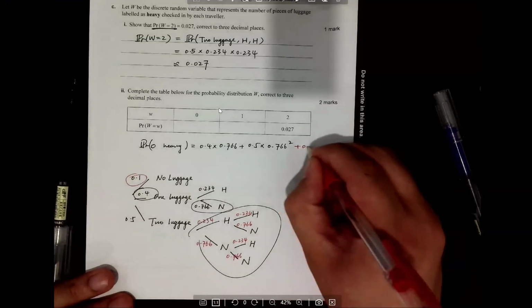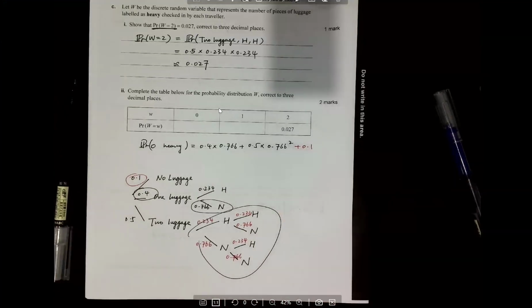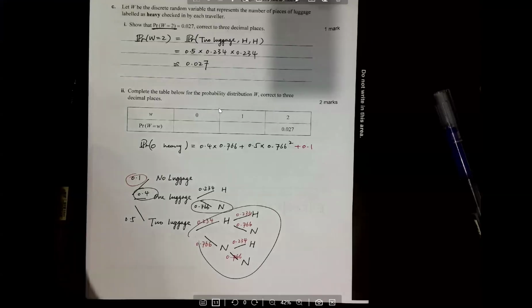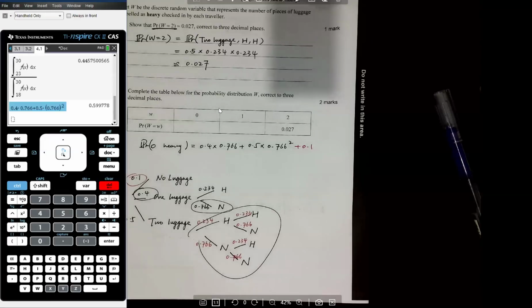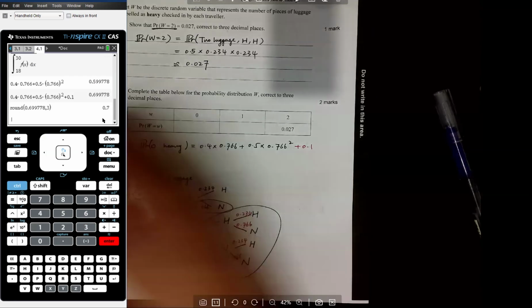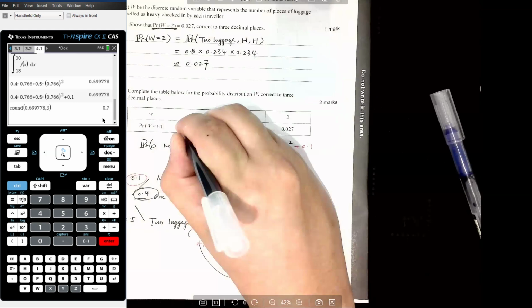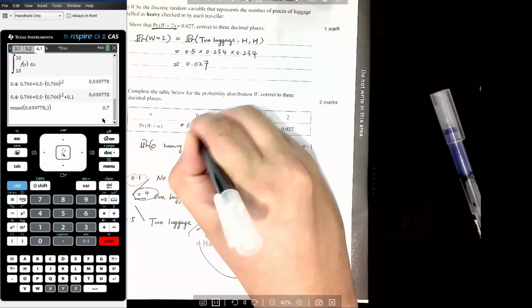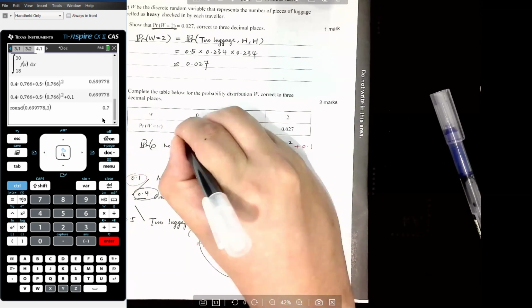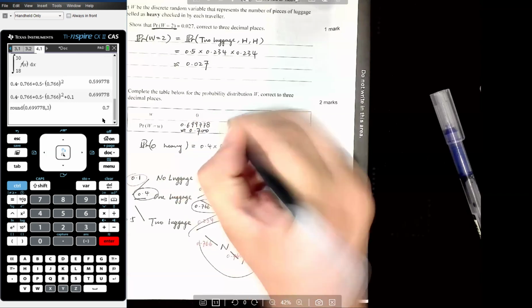Almost forgotten. Because no luggage means no heavy luggage as well. So eventually, the answer should be this bit plus 0.1, which is 0.699778. If I round this to 3 decimal places, it's 0.700, okay?